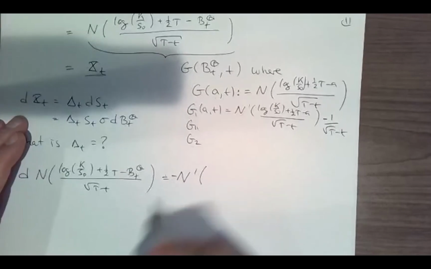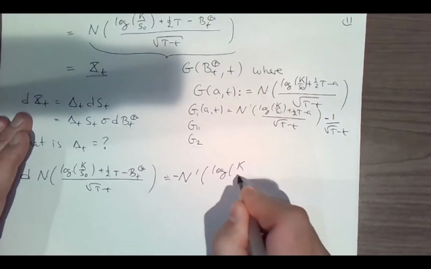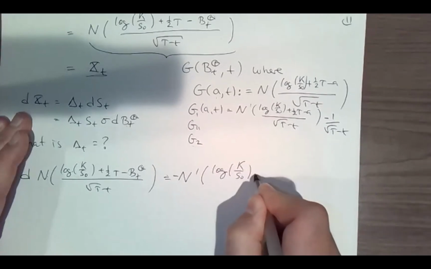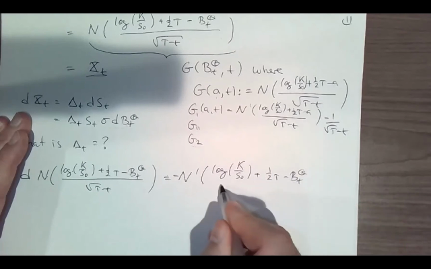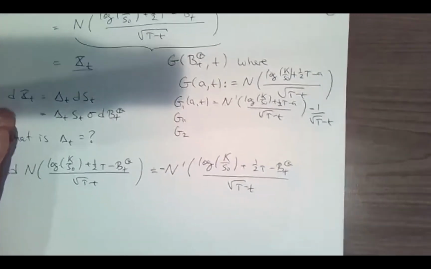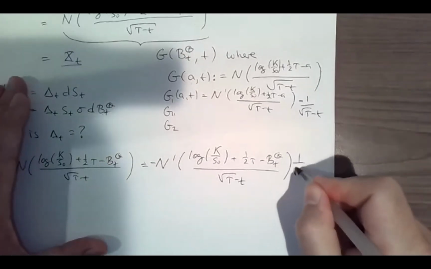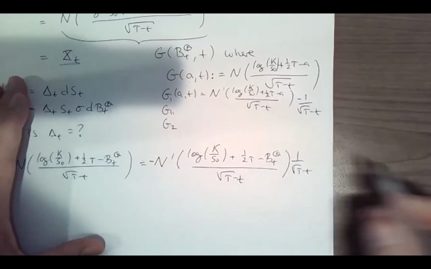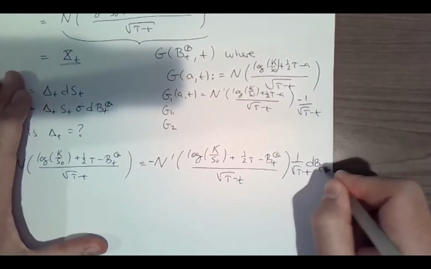It's going to become a minus here, this n prime of log k over s naught plus 1/2 t minus btq, everything divided by what we have here, times 1 over square root t minus t, and then it's dbtq.